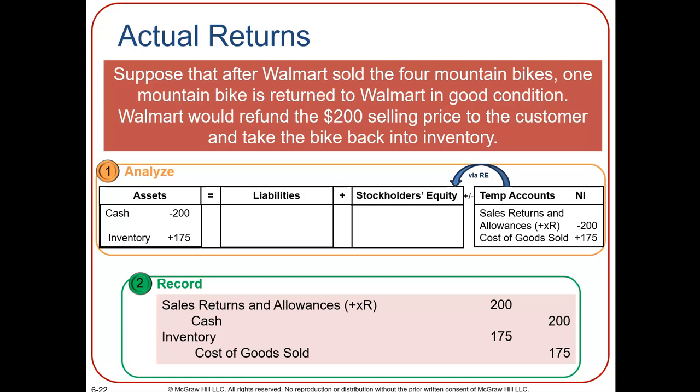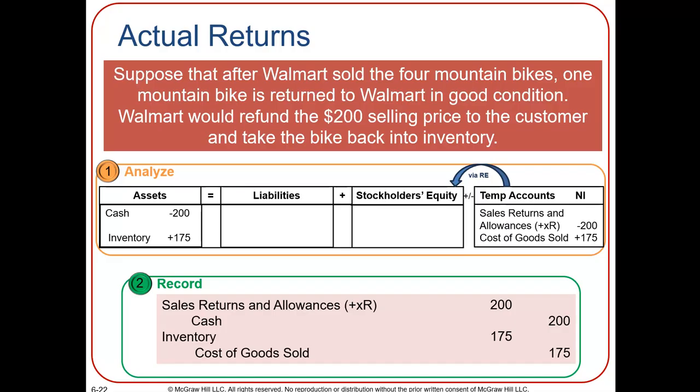So 2 journal entries. Now, notice what happens though. We put $175, we take it directly out of cost of goods sold and put it back into inventory, effectively reversing the exact journal entry that we had when we sold it. But watch what happens up here with the revenues.